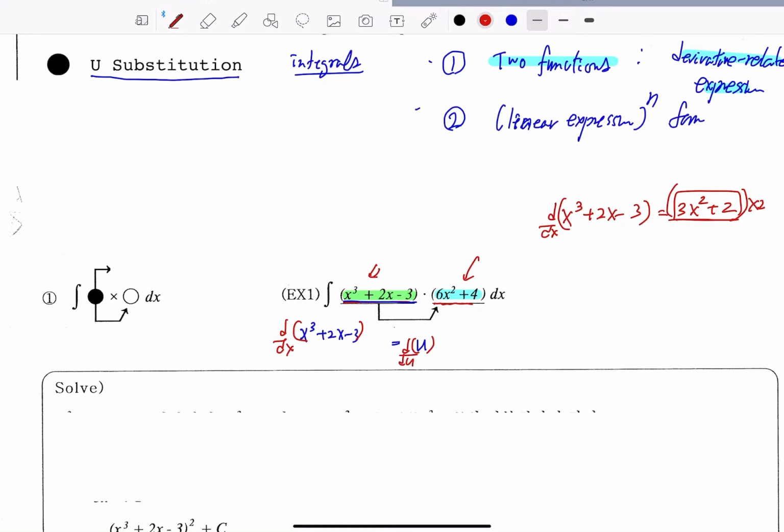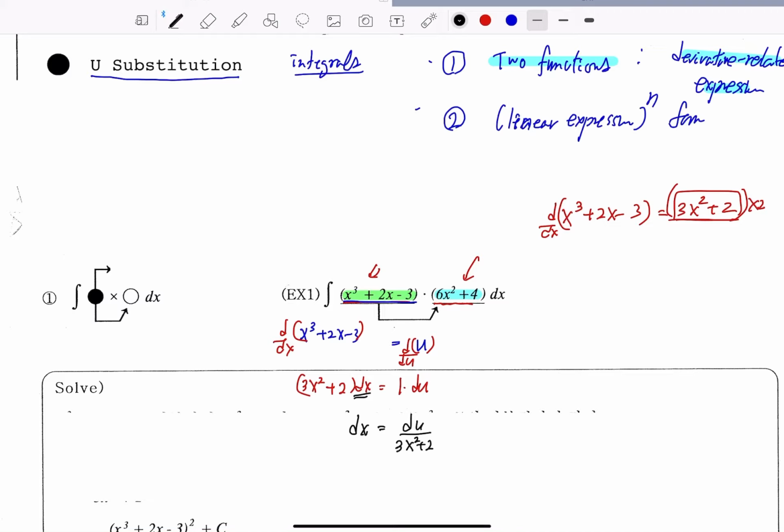So the left side should be 3x squared plus 2 times dx. The other side, the derivative of u in terms of u, is 1 du. And the next step is important. You are isolating dx. So dx is equal to du over 3x squared plus 2.